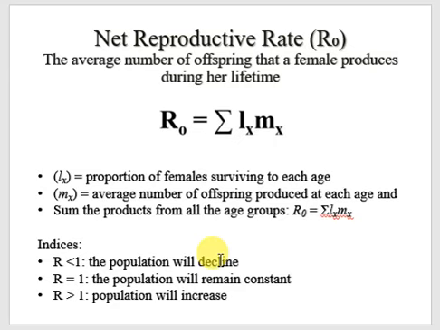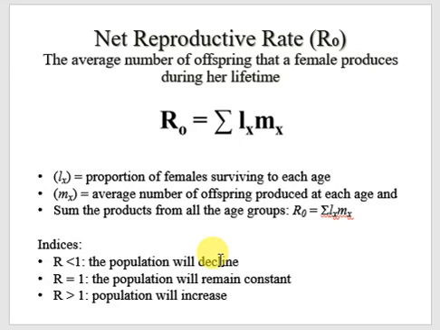Say we're working with a population of horses, since we just worked with sheep. Gotta share the love. So you have a little filly that is born. The expected number of female offspring that she will yield during her lifetime, that is net reproductive rate.